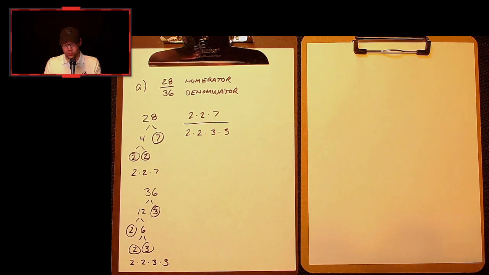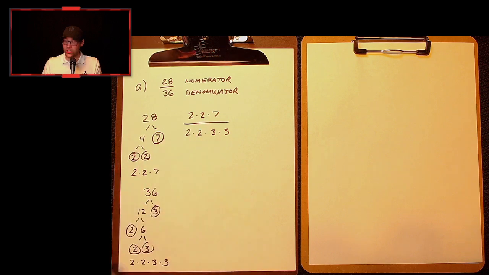Now, the whole point of this problem is to simplify our fraction down into its lowest terms, which means we want to rewrite the fraction as a different set of numbers that represents the exact same number. What we are allowed to do in a math class is cancel prime numbers, specifically if they are factors.